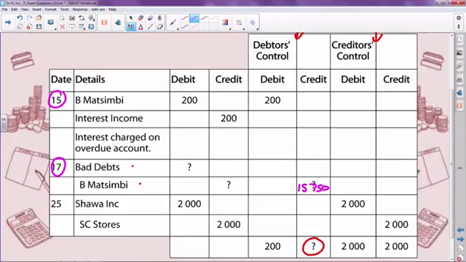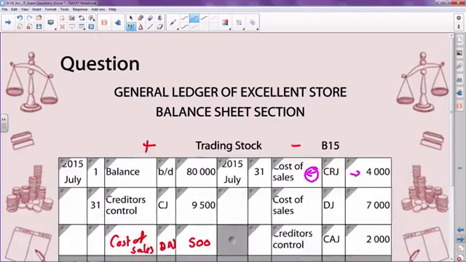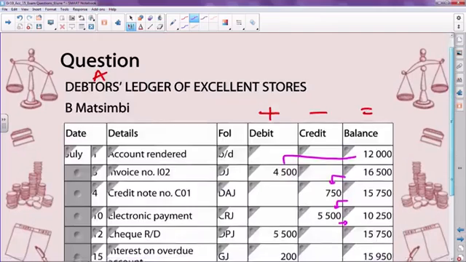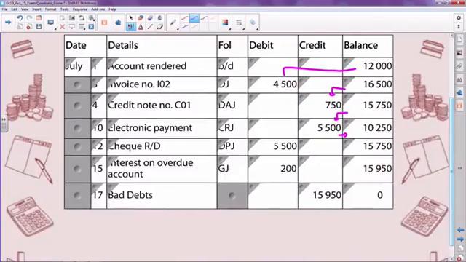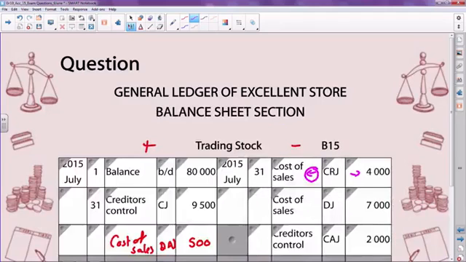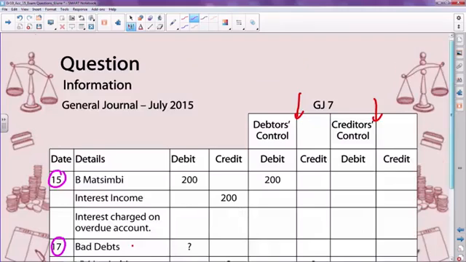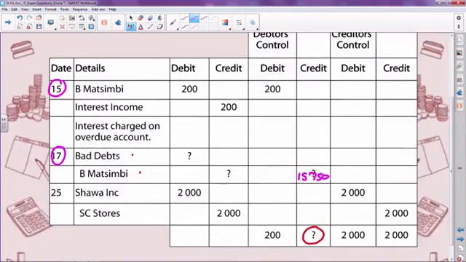Let's just go and double check. I'm talking too much, but let's go and see. There it is. The 15,950 is written off. So almost right. Let's just go and fix it. I thought I missed out the 200 Rand. So it's 950, and then in this column I need to say 15,950.